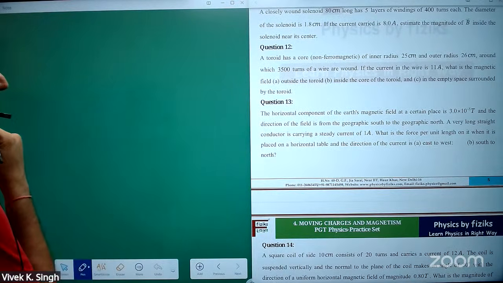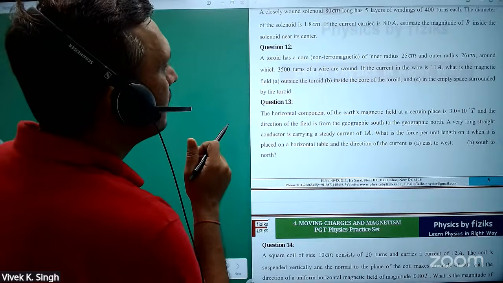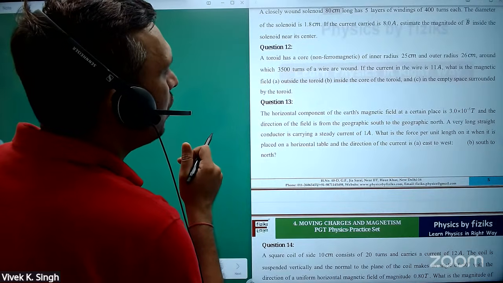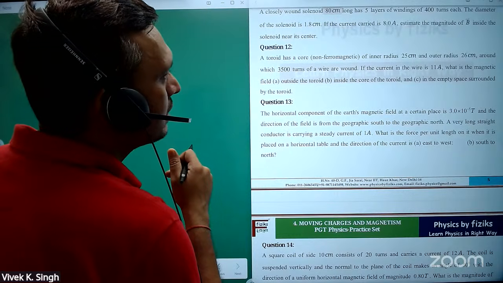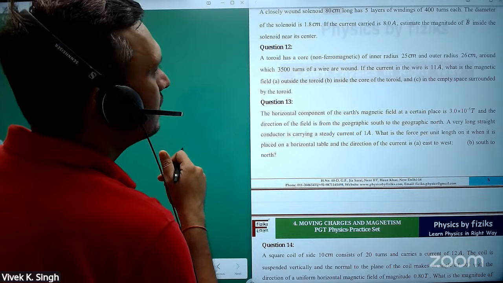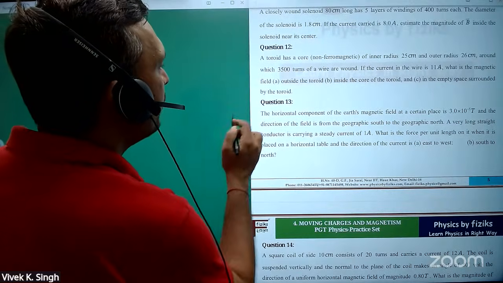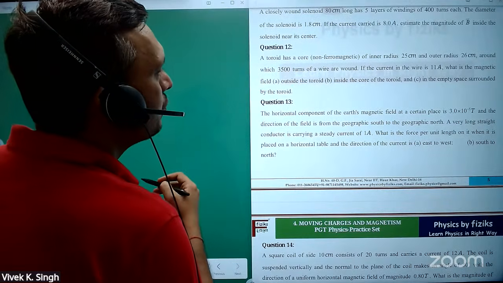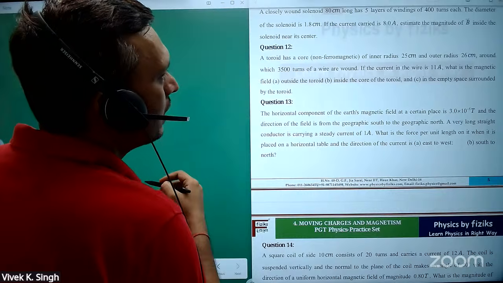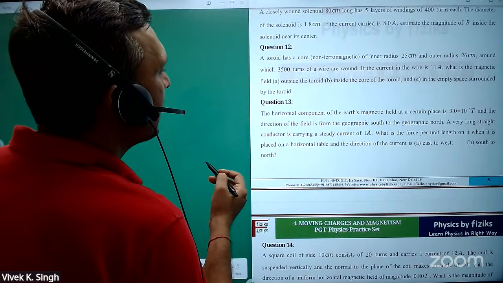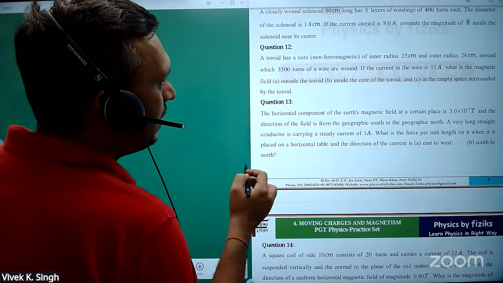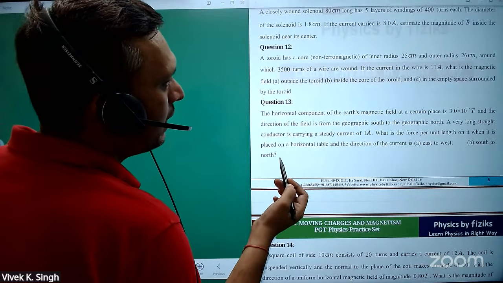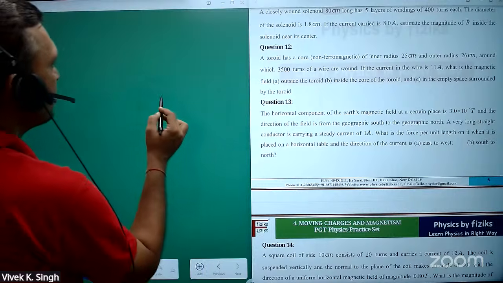So a toroid has a core of inner radius 25 centimeter and outer radius 26 centimeter, around which 3500 turns of wire are wound. Current is 11 ampere. What is the magnetic field outside the toroid, B inside core of the toroid, and C inside the empty space?